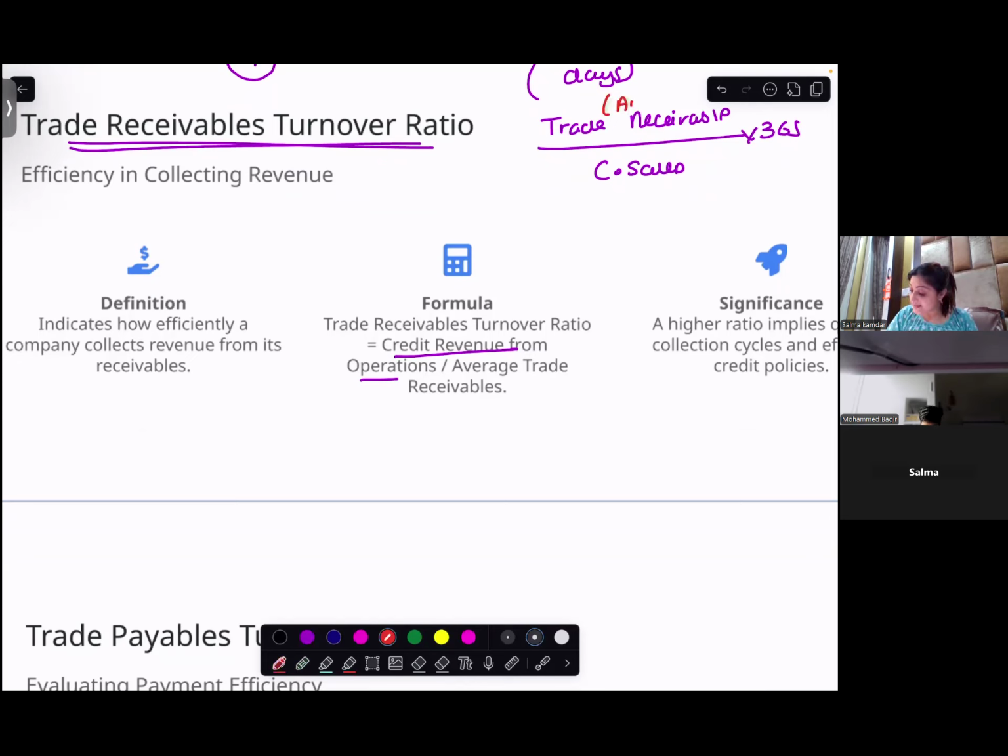If you turn over the formula, if you do credit sales over average trade receivables, you will get the answer in times. This credit sales is nothing but your credit revenue from operations.